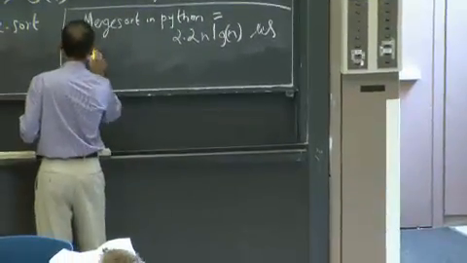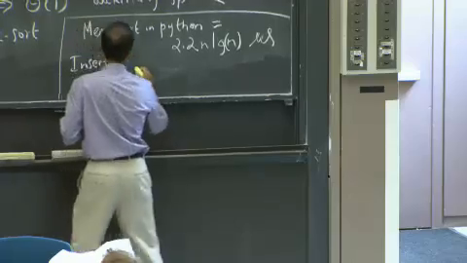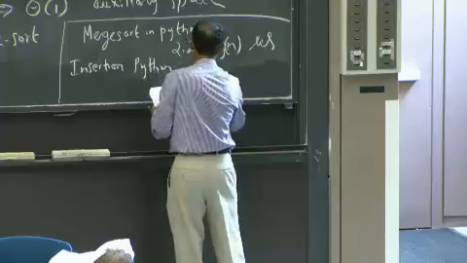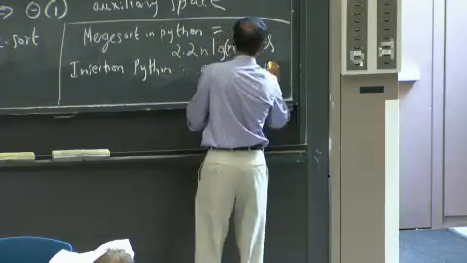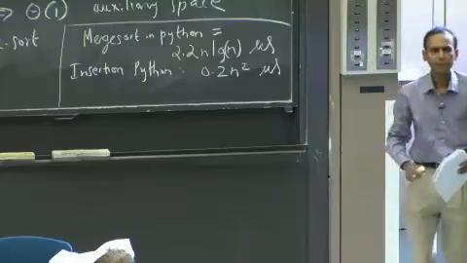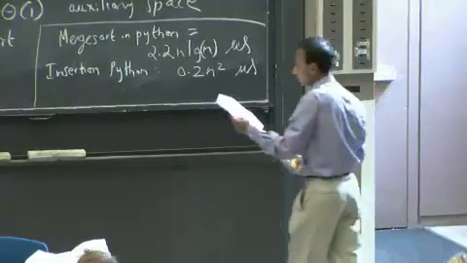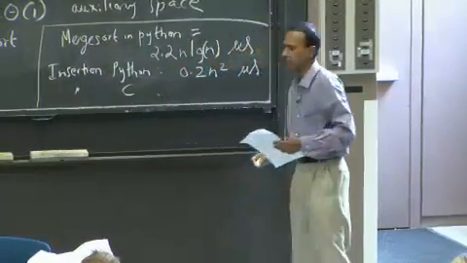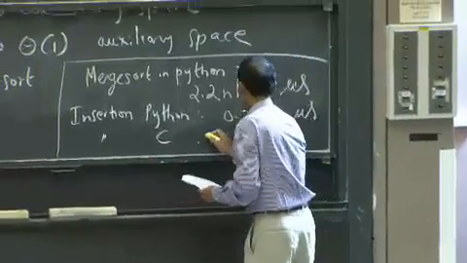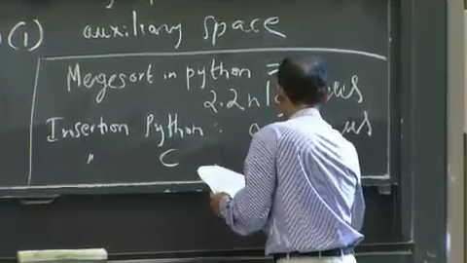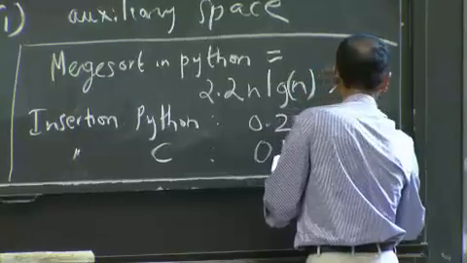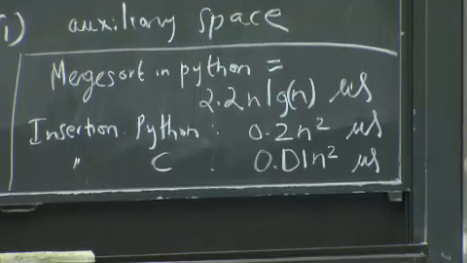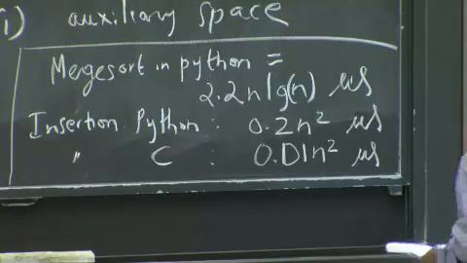And if you look at insertion sort in Python, that's something like 0.2 n square microseconds. Okay? So you see the constant factors here. If you do insertion sort in C, which is a compiled language, then it's much faster. It's about 20 times faster. It's 0.01 n square microseconds. Okay?